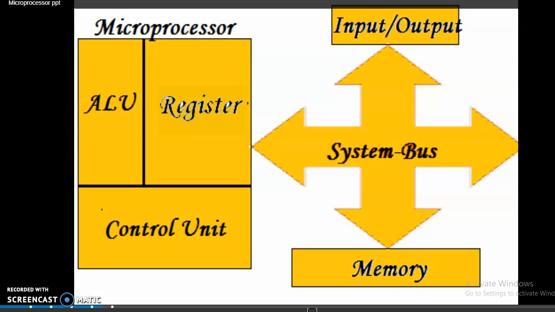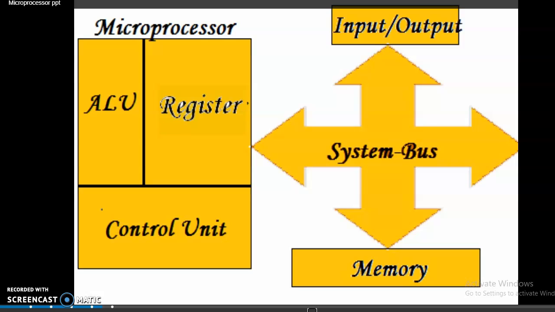Next, what are the components of the microprocessor? The first one is ALU, the arithmetic and logic unit, and then registers, control unit, input and output unit, and system bus, or generally we can say bus.